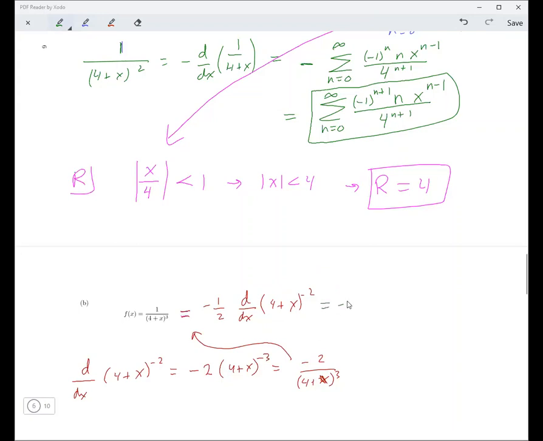Okay, so that's going to be negative 1/2. And then I want to take the derivative of this. So you still have the negative 1 to the n plus 1. You still have the n. The only thing is you're taking the derivative right here. So the n minus 1 comes down, and you get x to the n minus 2. And you're still over 4 to the n plus 1. Okay, so let's take this negative 1/2 then.